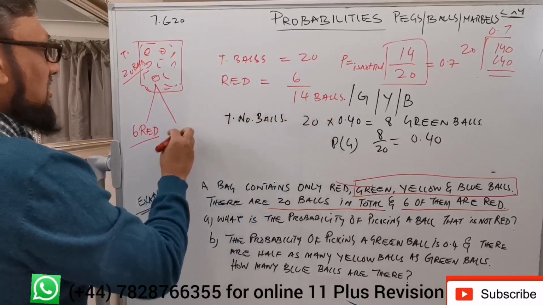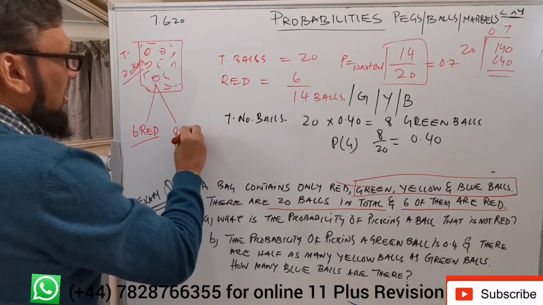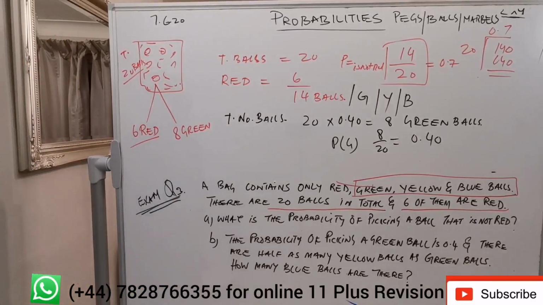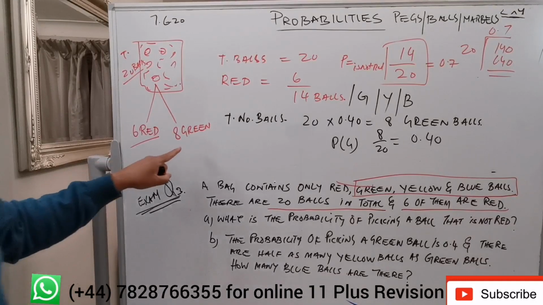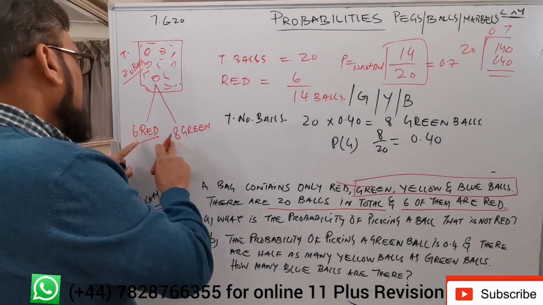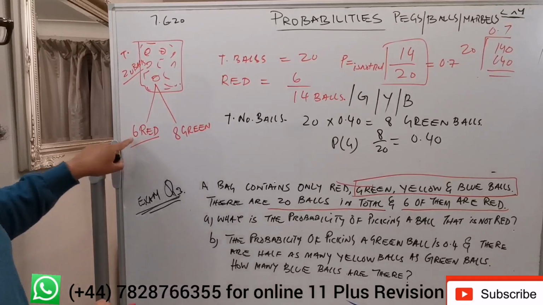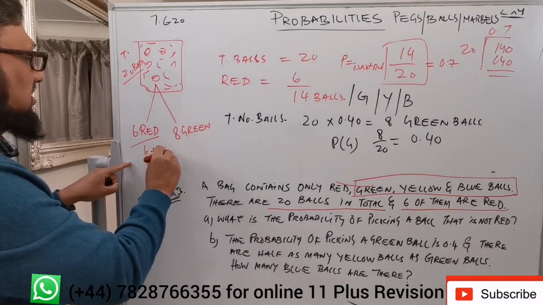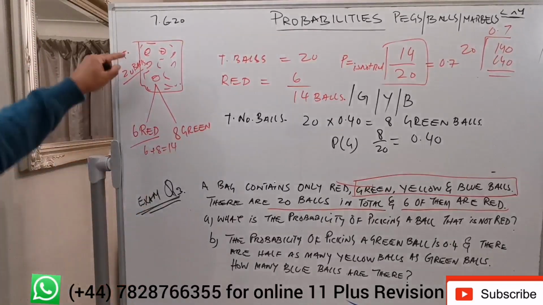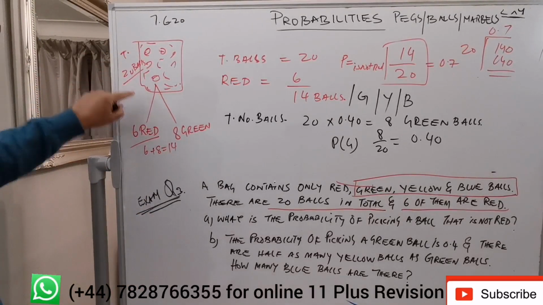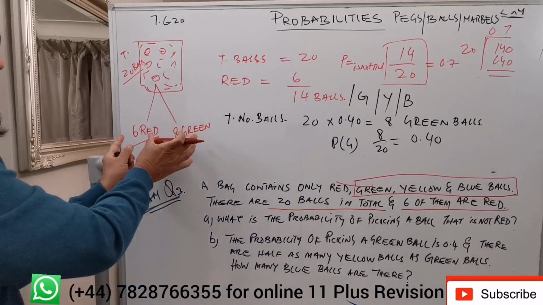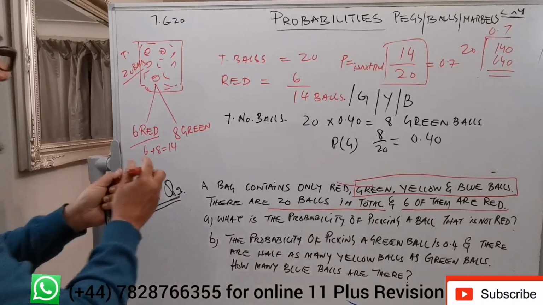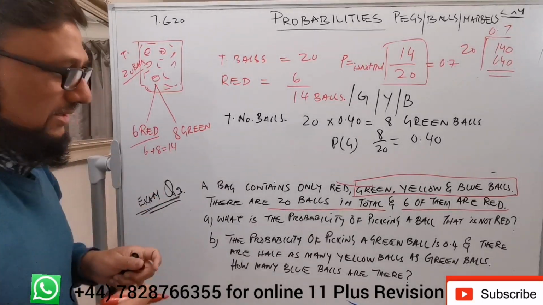So the green are, how many? 8. 8 are green. So 8 plus 6, which is 14, out of 20. 14 we found, which comprise 2 of them, which is 8 green balls and 6 red. So the remaining now is 6.